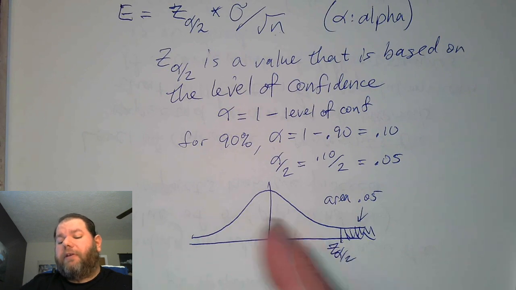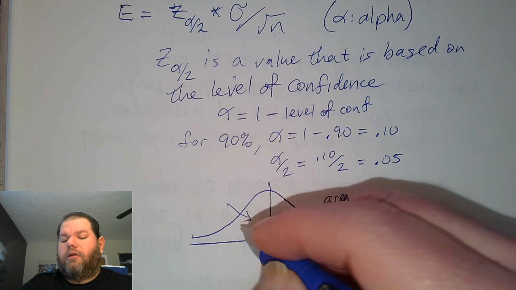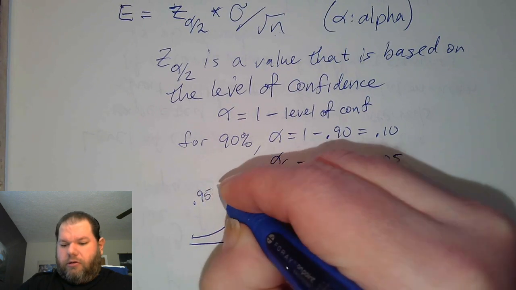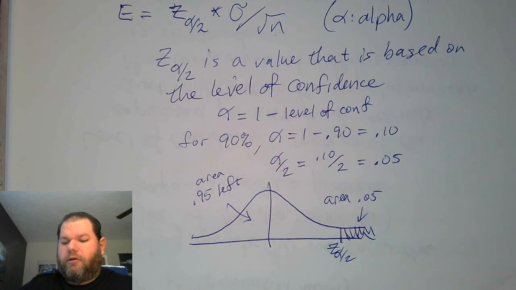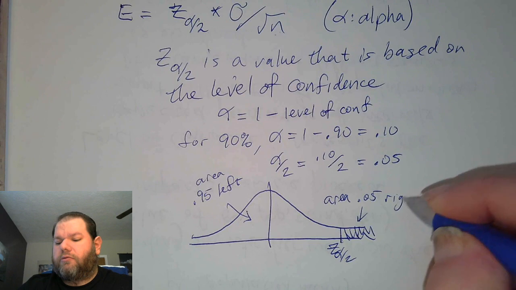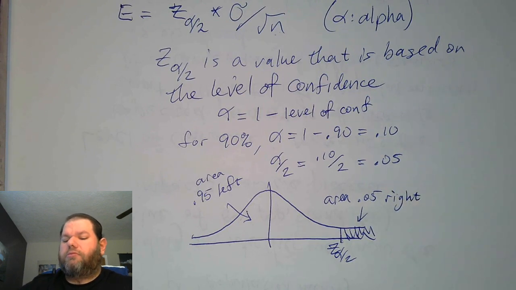Okay, well that means it's 95% to the left, or 0.95 to the left. Okay, so 95% to the left.